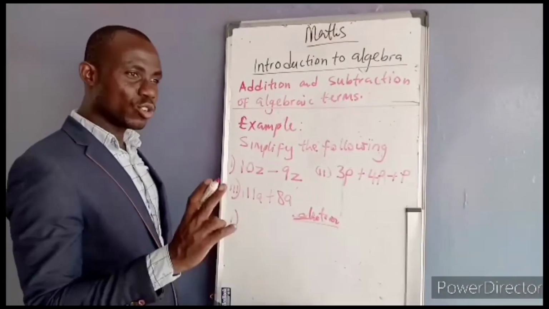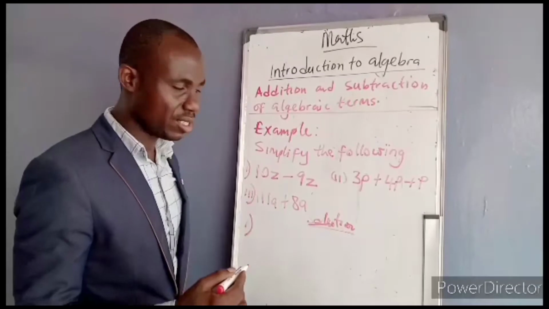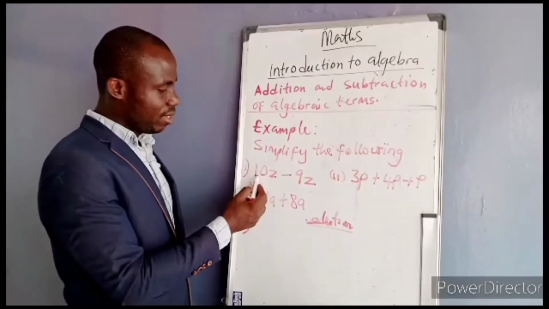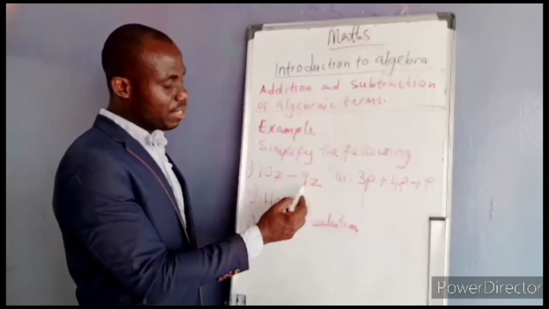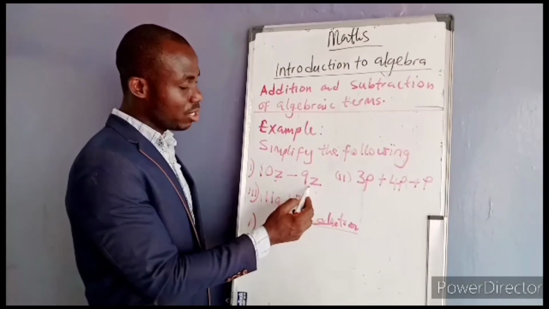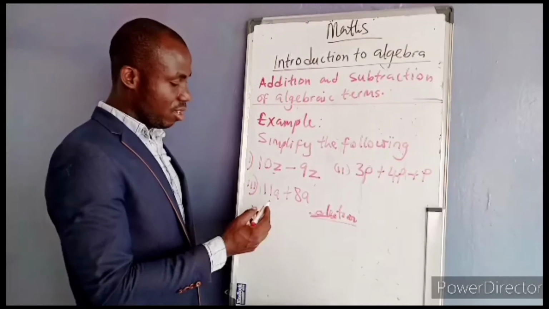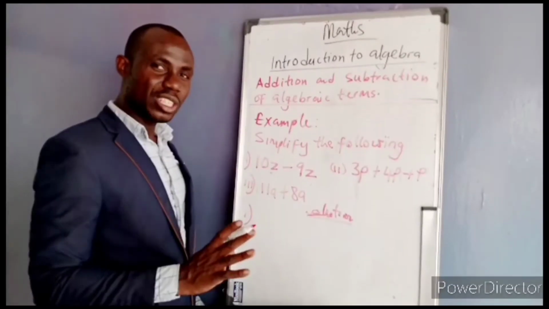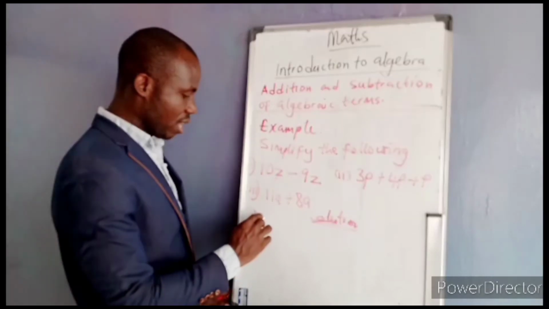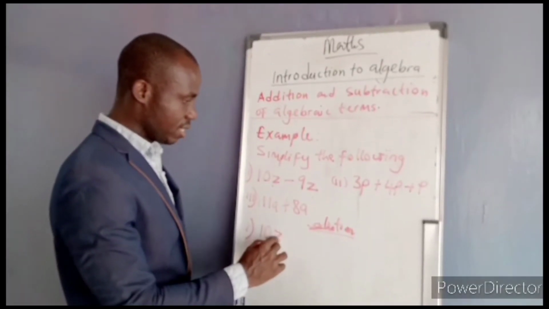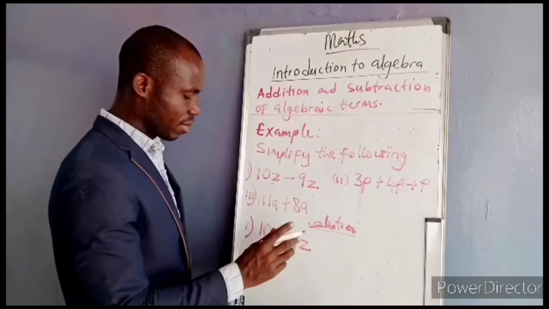Remember I told you earlier to take note of coefficients. Here, the coefficient of z in the first term is 10, and the coefficient of z in the second term is 9. What we are going to deal with is the coefficients.